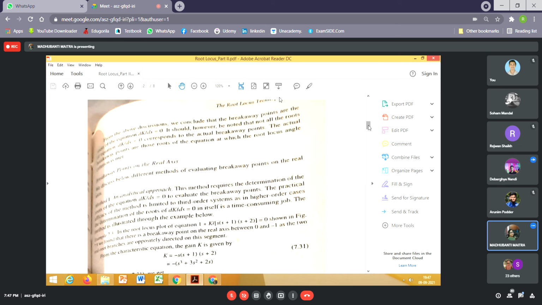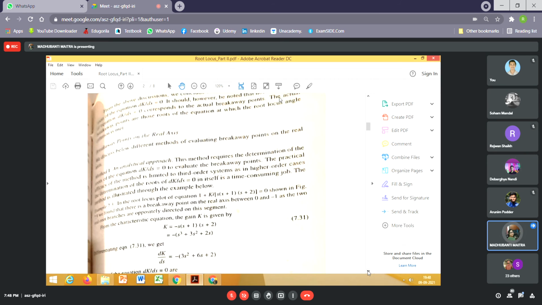That means K is equal to minus s(s+1)(s+2). From the given open loop transfer function, we have to write K as a function of s like this, and only then can we take the first derivative with respect to s.